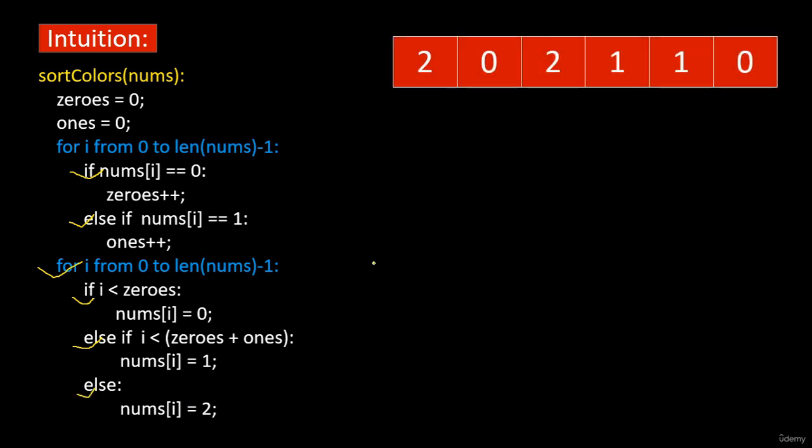For example, if we're given this array as input, first we're going to find out the number of zeros and the number of ones. After execution of this for loop, we'll have zeros equal to 2 and ones equal to 2, because in this array we have 2 zeros and 2 ones. Then we're running this loop.